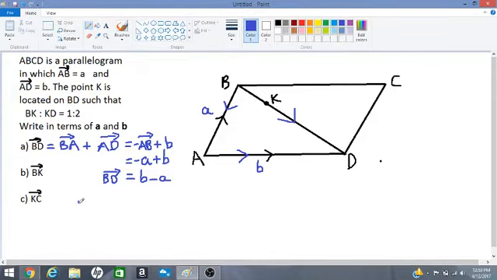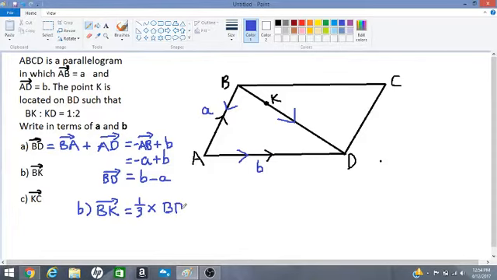So part B is with BK, and BK is equal to, using the ratio, add 1 and 2, so you'll get 1 out of 3 times the length of the whole line, or the length of the whole vector, which is BD.